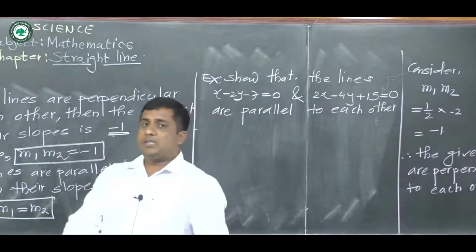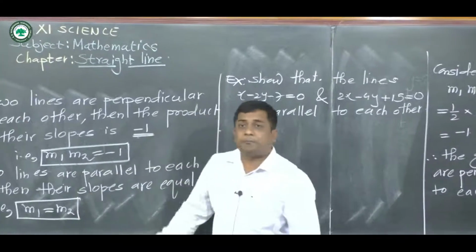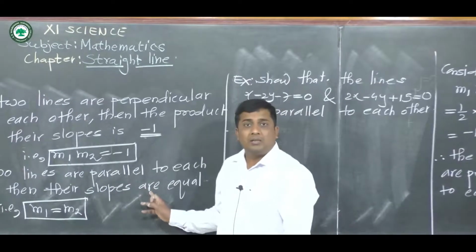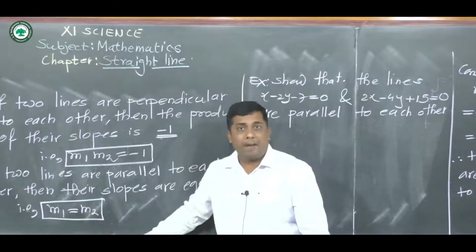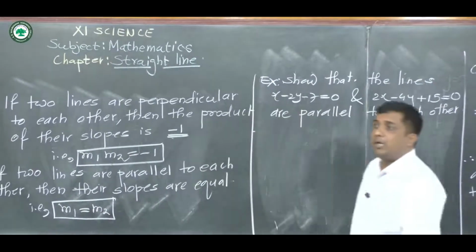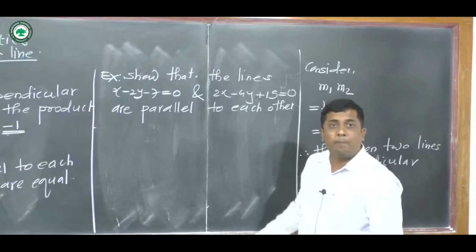Okay, again by using this second point, we know if two lines are parallel to each other, then their slopes are equal, that is m1 is equal to m2. Using this part, we show these two lines are parallel.